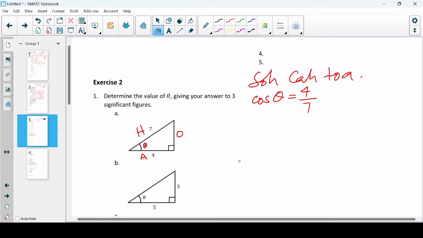To find this angle theta, we take this cos to the other side of the equation, and it becomes cos inverse. So theta is equal to cos inverse of 4 over 7.